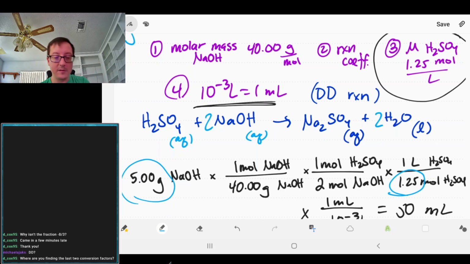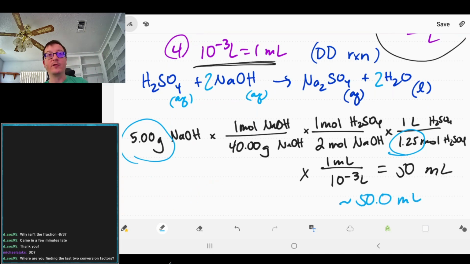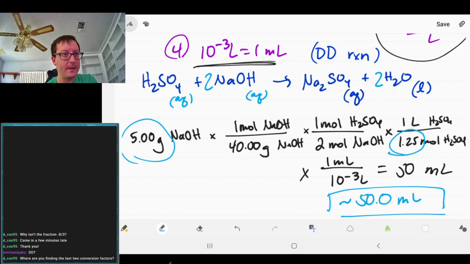They're both 3, so our answer should have 3 sig figs. So don't forget that. So we're going to need 50 mLs. That turned out to be quite a nice number, didn't it? How curious. Didn't intend for that to happen, but whatever, worked.